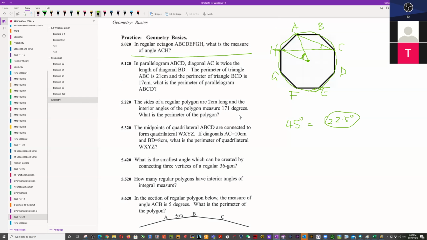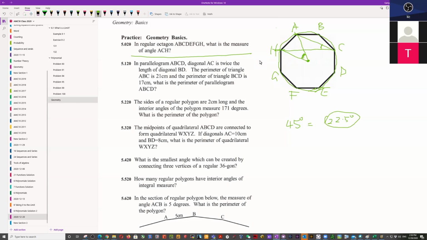I picked this problem to show you the diversity of using geometry, especially with regular polygons. A lot of times, if you incorporate a circle into it, it's easier to do.